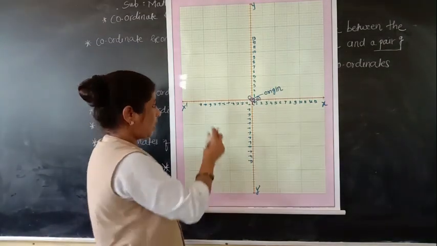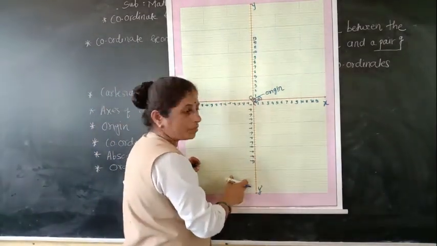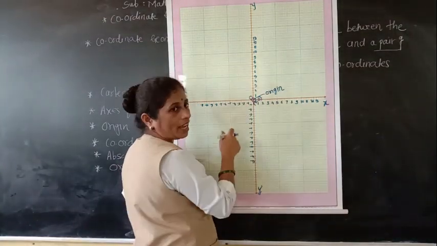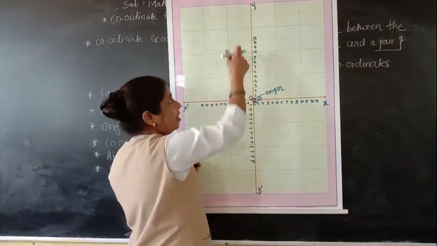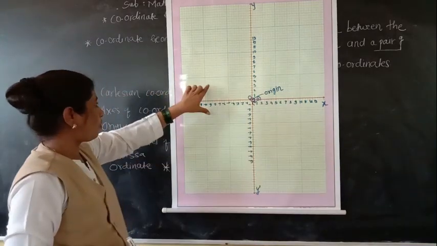This whole x-axis and y-axis system is called Cartesian coordinates.